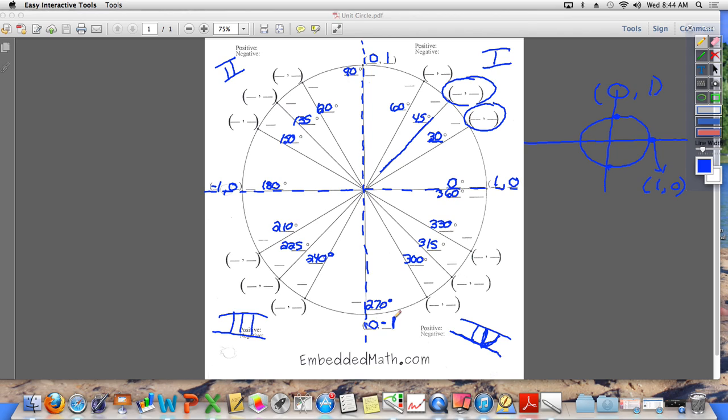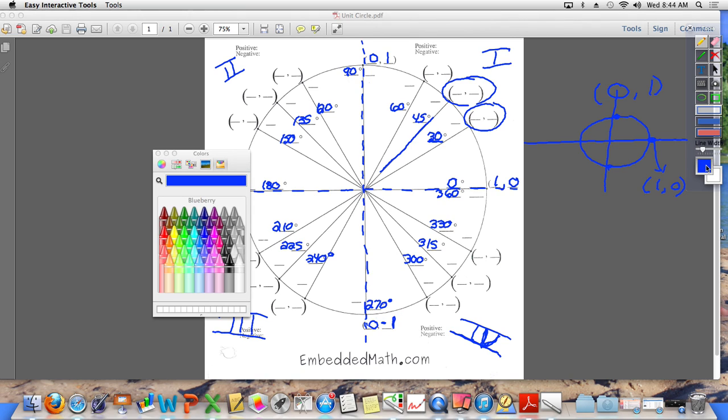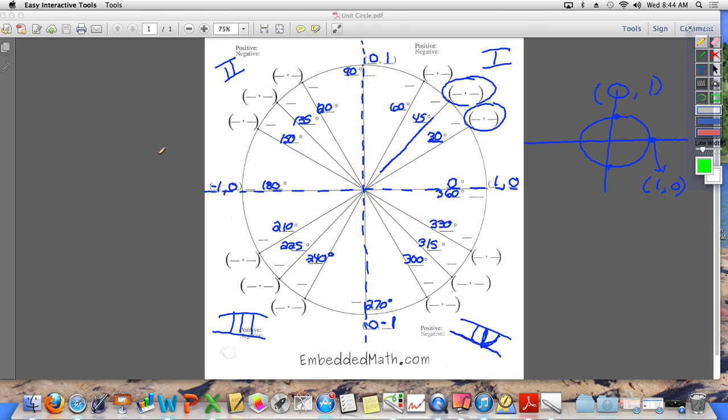So what I need to do now is kind of take you back to, I don't know, probably geometry is when you guys learned this. I'm going to switch colors here. Change it to green for just a second. Remember if you had a triangle that looked like this, and you knew that that angle was 30 degrees, I should be more specific and say that this is a right triangle.